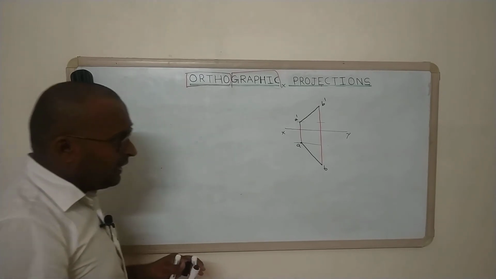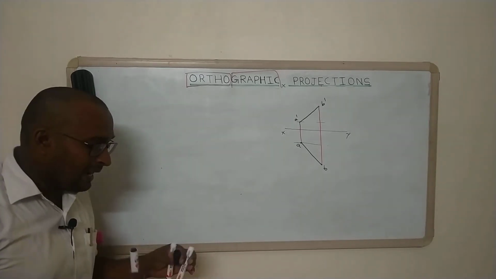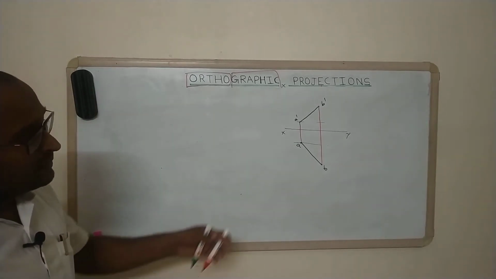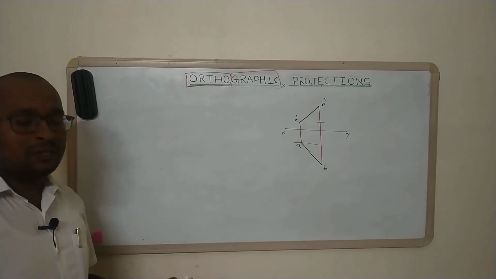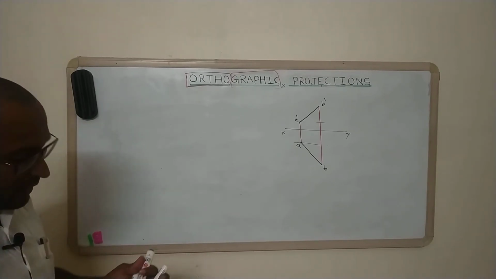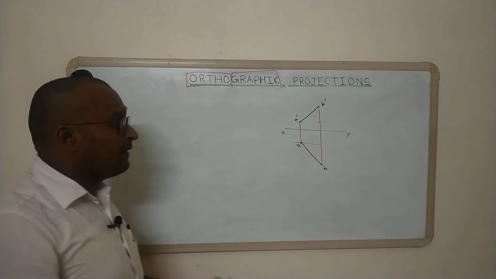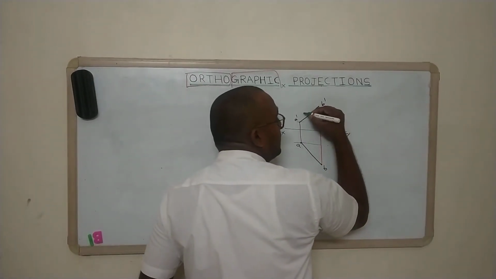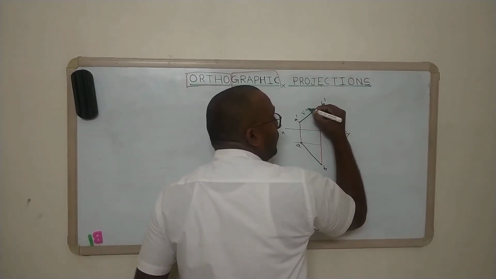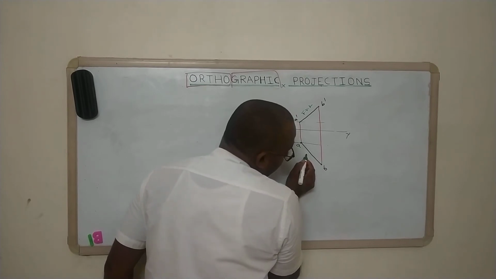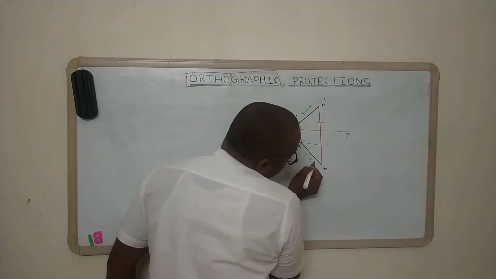When we are talking about a line inclined to both the planes, this is the finalized front view and finalized top view of the given problem. Here you can see, this is the front view length, and this is the top view length.